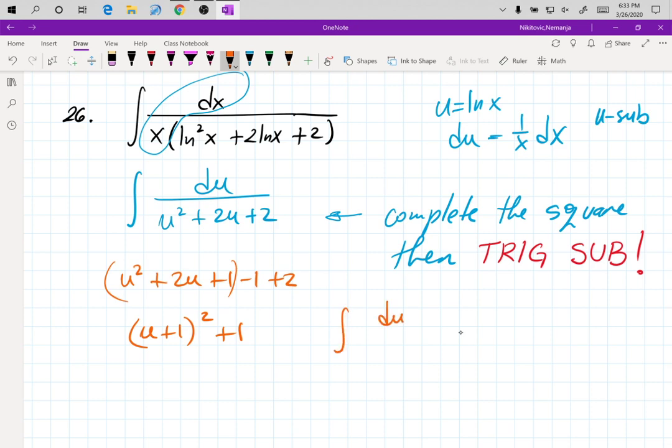Integral du over u plus 1 squared plus 1. That's a trig sub question, because you can draw the triangle. You have u plus 1 on one leg and a 1, and the square root of u plus 1 squared plus 1 over here.